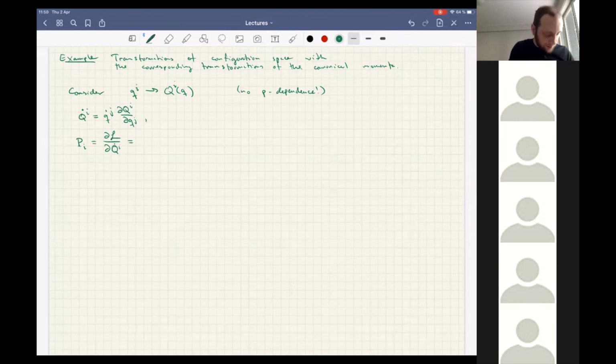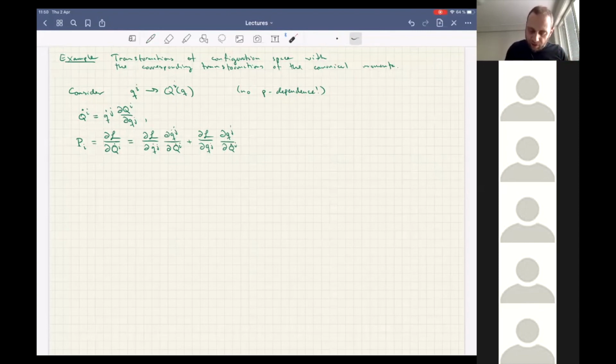Now, this is equal to the partial derivative of L with respect to q dot j, times the partial derivative of q dot j with respect to Q dot i. However, the Lagrangian in general depends also on the coordinates themselves. So I'm going to have another term, which is the partial derivative of L with respect to q j, and then the partial derivative of q j with respect to Q dot i.